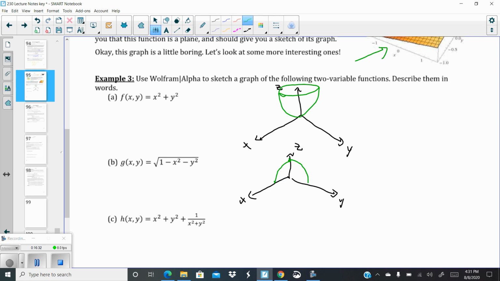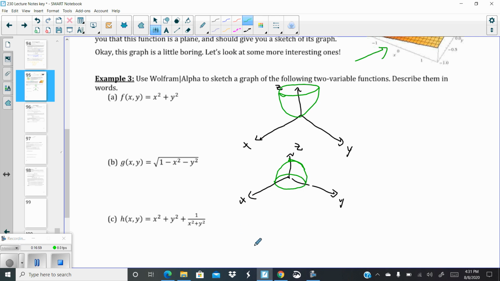And then it's going to be somewhat circular in this fashion. Again, this is a really rough sketch of this. Let me try and make that a little bit better right there. There we go. All right, so there is our hemisphere. Again, you don't necessarily need to know the name of these things. Just know how to plug this stuff into an online calculator type of thing, like Wolfram Alpha.